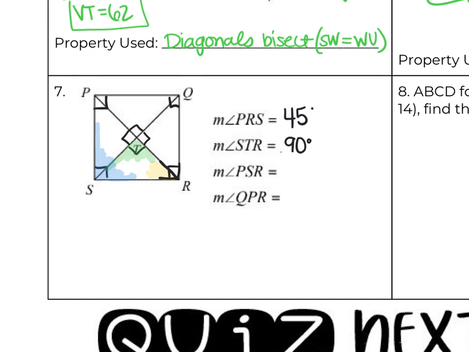Make sure you include the whole thing. And so that again will be 90. And then lastly, we have QPR. QPR is just the half one here, which half of a right angle again is 45.